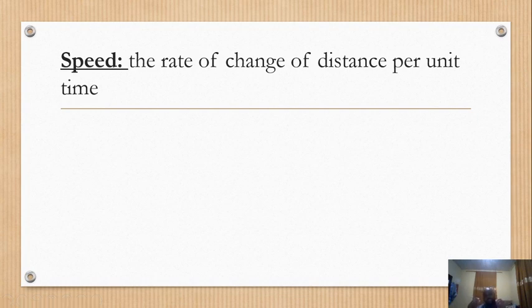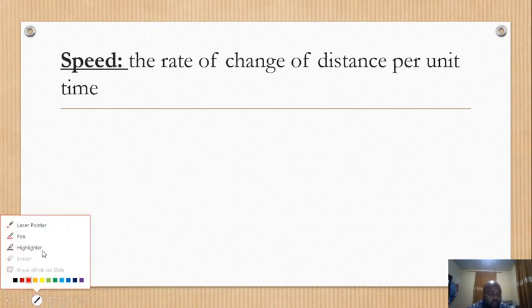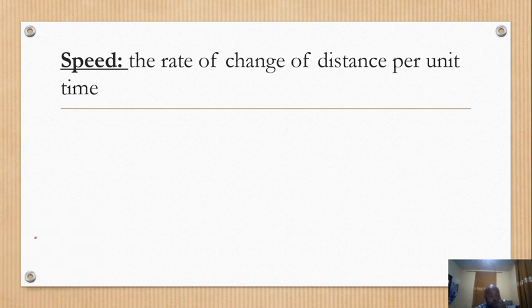Whenever you see the word rate, it's about speed, meaning we have two numbers that are divided, in which the denominator is time.